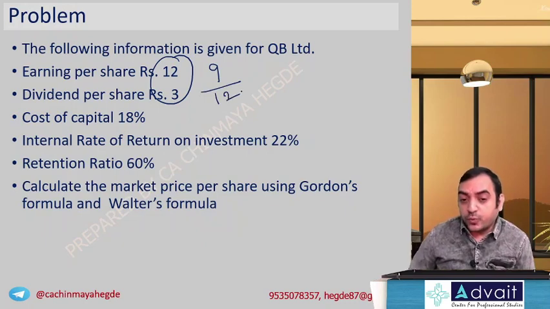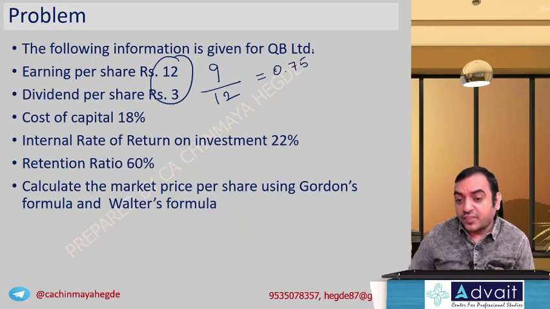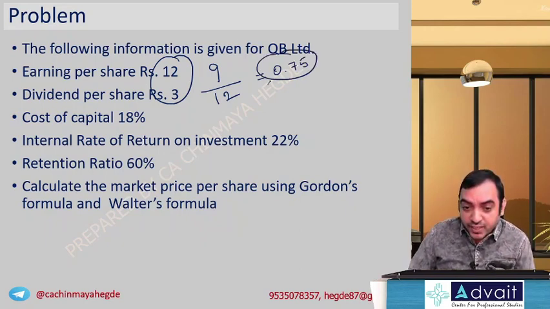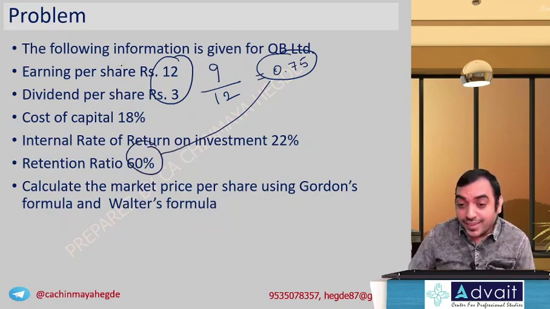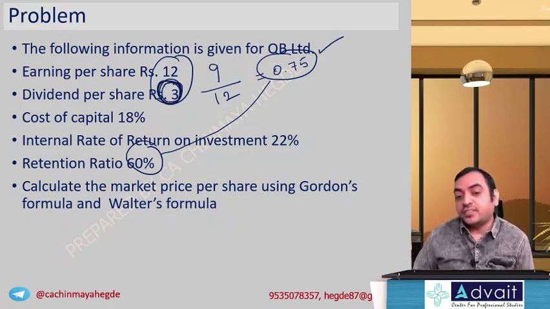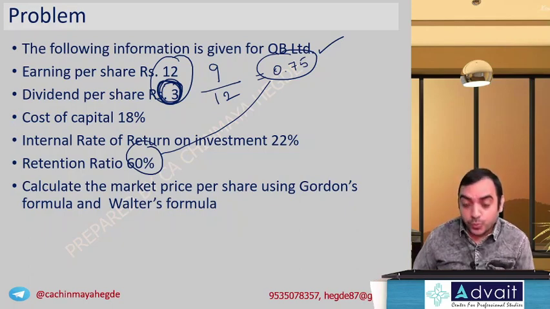So 9 rupees by 12 rupees, that means 0.75 or 75%. So should I use 0.75 or should I use 60%? When we are taking a dividend of 3 rupees per share, we have to take 0.75 as the retention ratio.